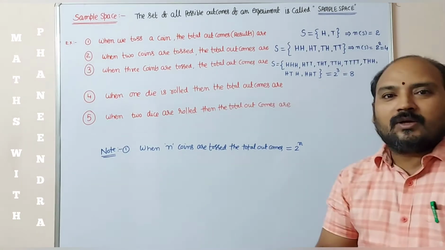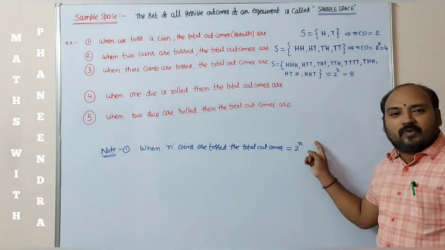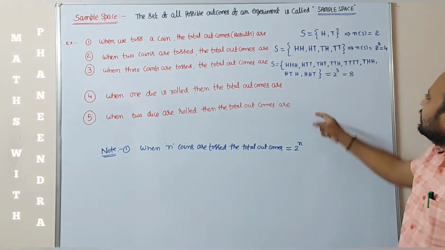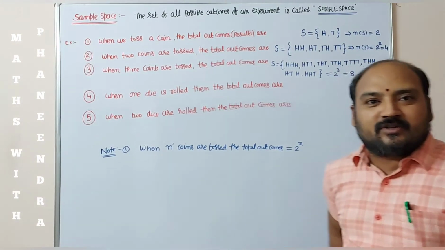You make a note. Suppose if it is 1 coin, 2 power 1. If it is 2 coins, 2 power 2. If it is 3 coins, 2 power 3. These are the ways. I hope you understand, dear students.